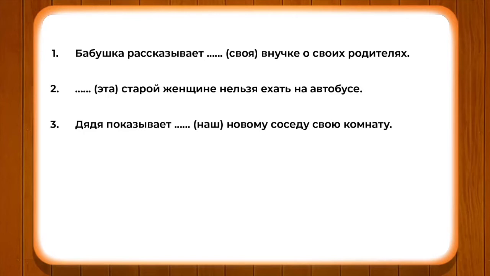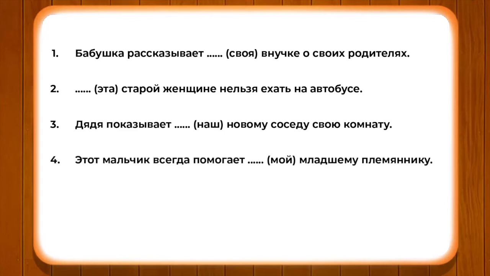So, as per the rules of the grammar for dative, we have changed all these important words which you have seen in the brackets, and we have solved the exercise. Now let's go ahead and pay attention to a few more sentences. The fourth one is этот мальчик всегда помогает кому? Мой changes into моему младшему племяннику. So племянник means relative.